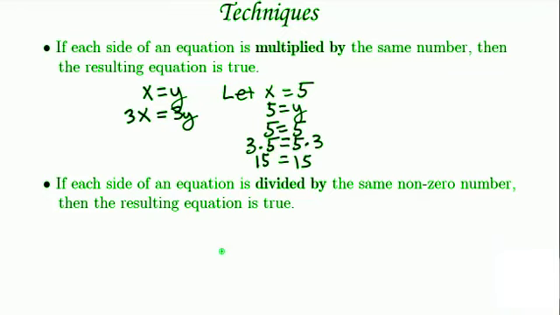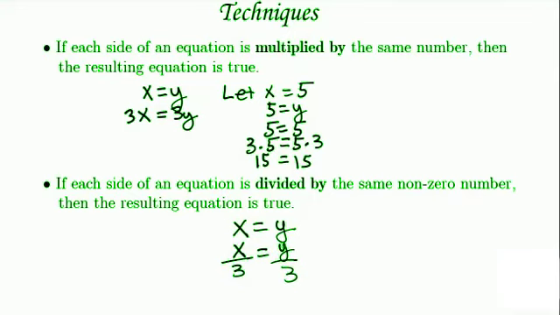Division is slightly different. If each side of an equation is divided by the same non-zero number, then the resulting equation is true. It's the same general principle: if I have an equation, x equals y, and I divide both sides by the same thing, the equation still holds up.